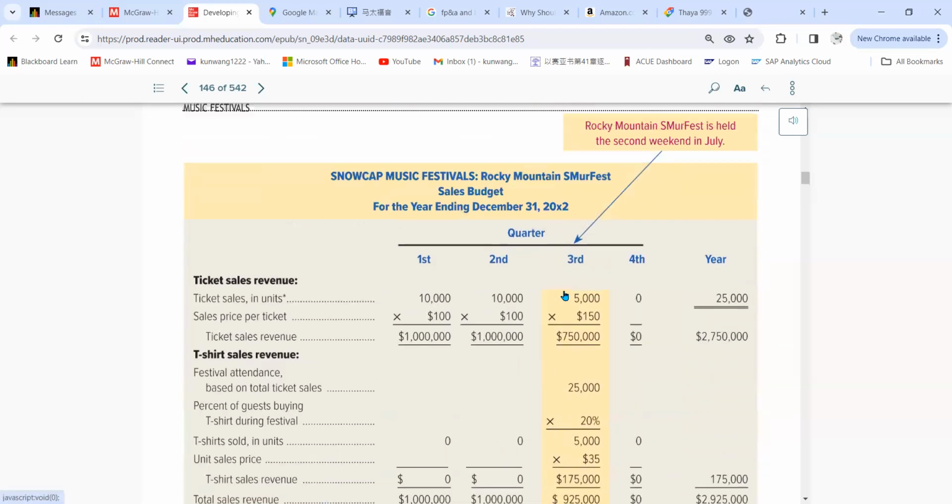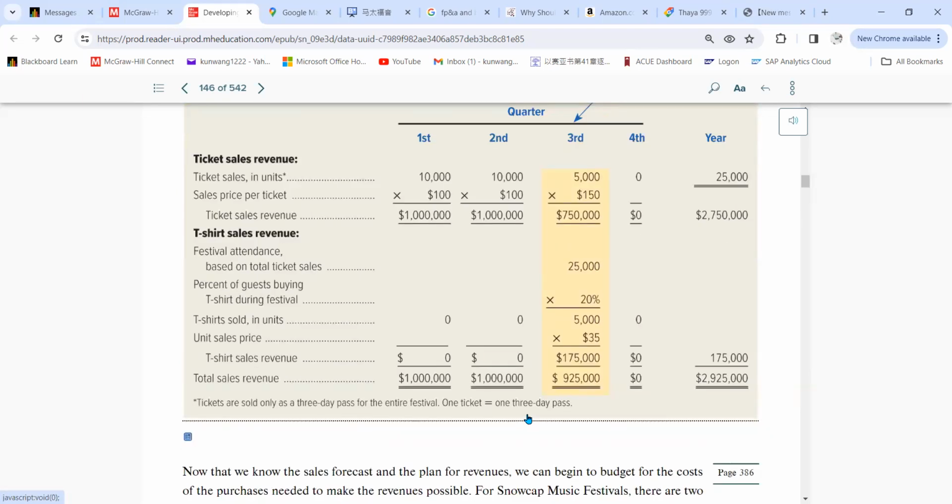And then to support the sales budget, what kind of purchasing and expense activities do we need? We need to buy the t-shirts. You don't make the t-shirts by yourself, right? You want to find a vendor to make the t-shirts, and so we can get it. And also you have other supporting expenses to invite the band, right? So the cost to invite the music groups, and also technicians and admin staff.